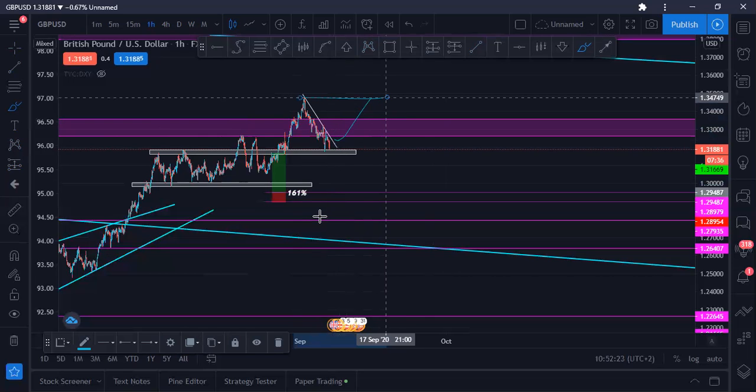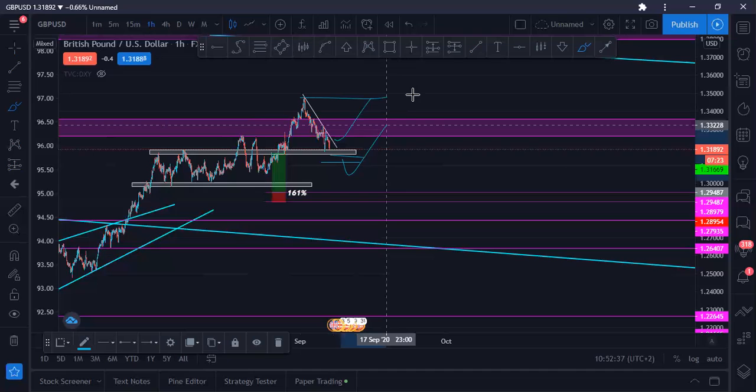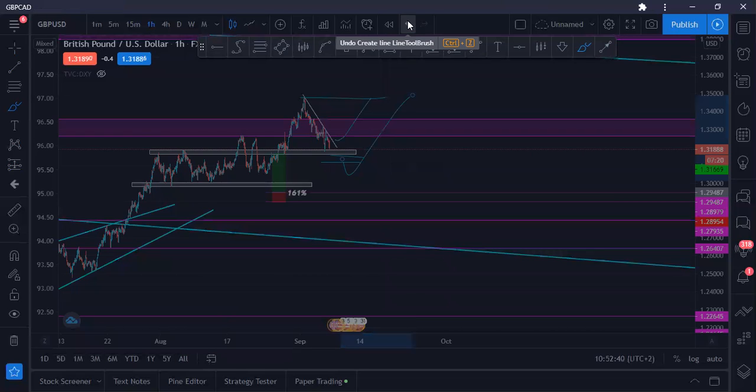And then our stop losses will probably be around here. If we get back into the zone, we could possibly even come down and test this channel again, and then move to the upside again. So let's see what plays out this week with GBP USD. But overall, you're looking for pound strength. So the first setup I spoke about is probably the most likely to occur.